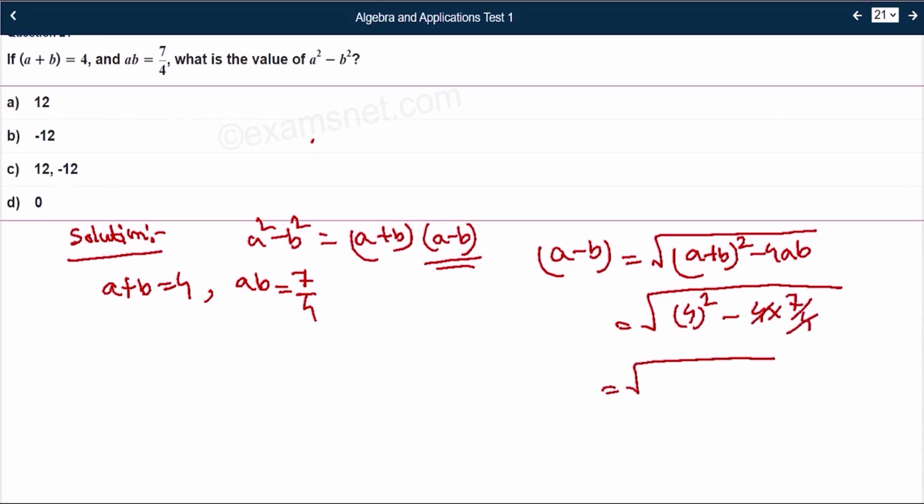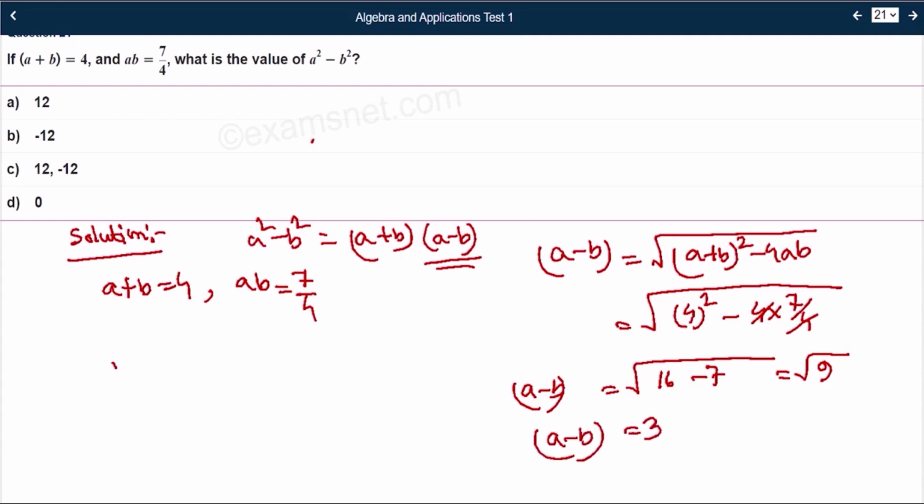So 4 fours are 16 minus 7 means 9. So the value of a minus b is 3.